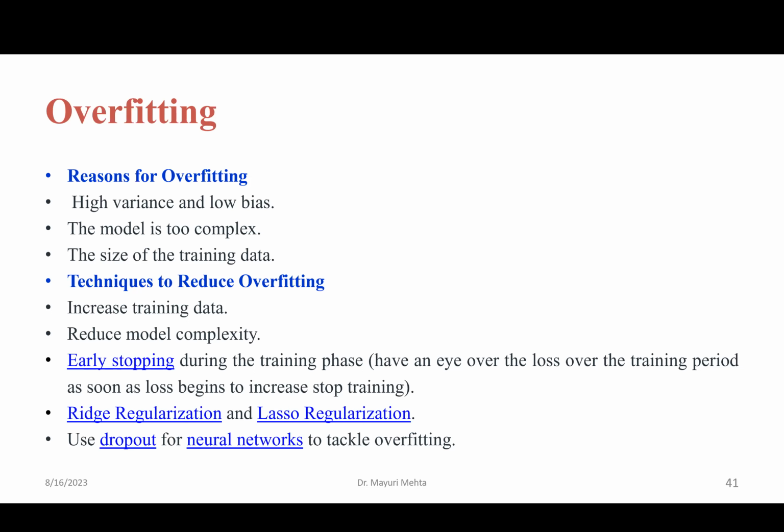When the error starts increasing, we should stop training the model, because it means the model has started learning noise, getting wrong details from the data. That's why the error is increasing. We should stop training when the error starts increasing.